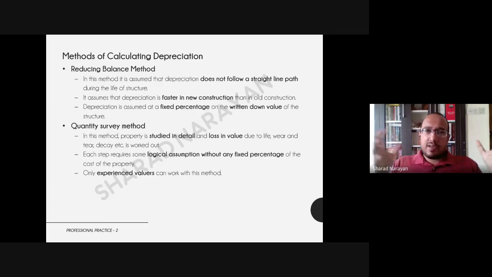For example, in a 20-year-old building, it is easy for us to assume that the building itself, the shell of the building itself, is going to deteriorate at a slower pace because the quality of construction was different at that point of time. Okay. However, we cannot say the same for parts of the building which are exposed to the elements.